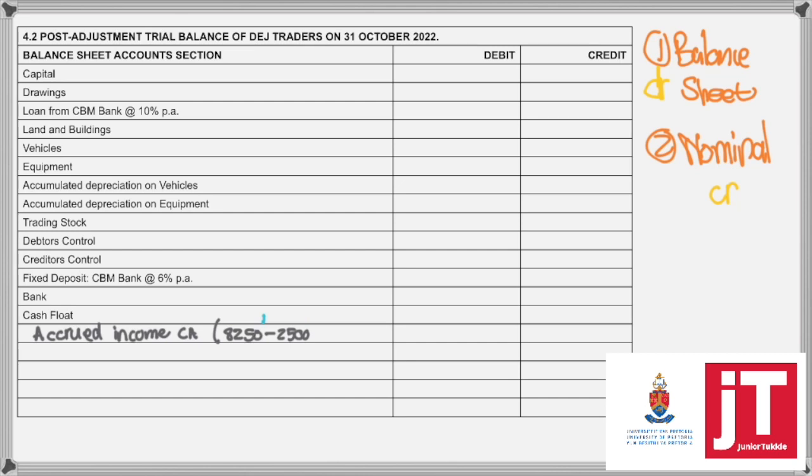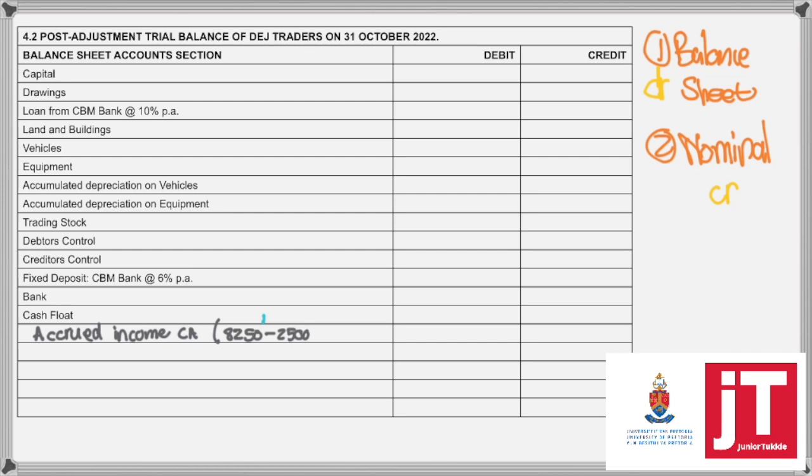So the debit is then the 5,750 Rand that you get by getting the difference between 8,250 and 2,500 for accrued income. So this is the debit, which is in the balance sheet section, and then the credit in the nominal section will be for rent and repairs.